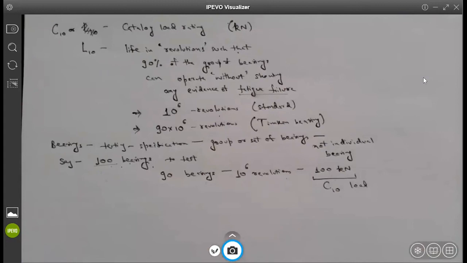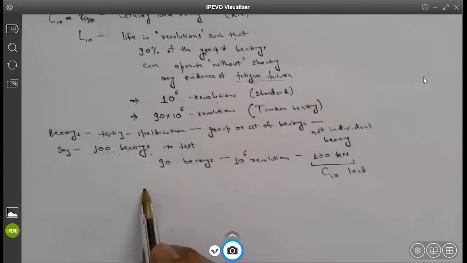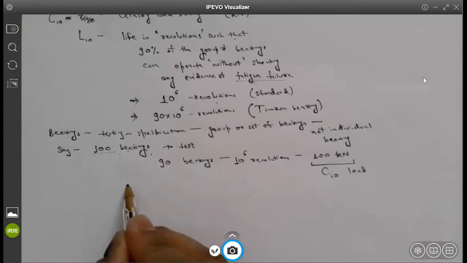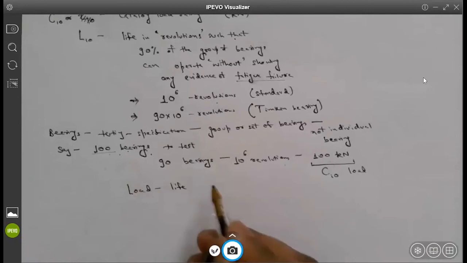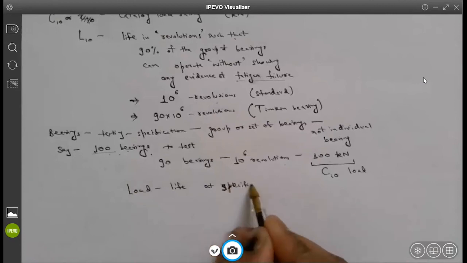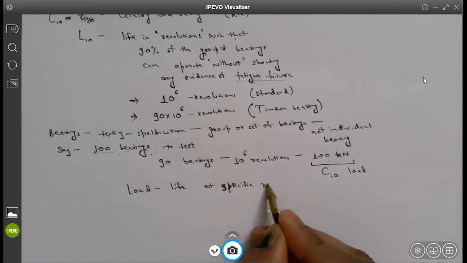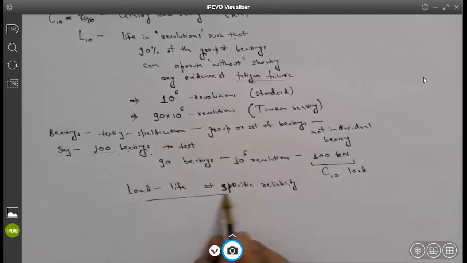Yes. And what has been observed is that there is a relationship between load and life of a bearing rated at a specific reliability. I will explain what reliability means here, but this relationship is very important.